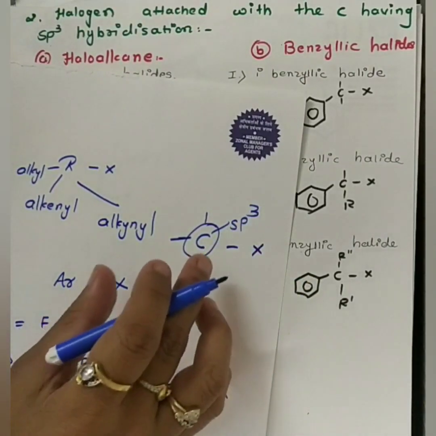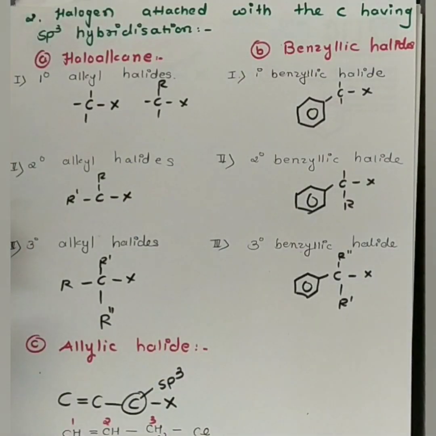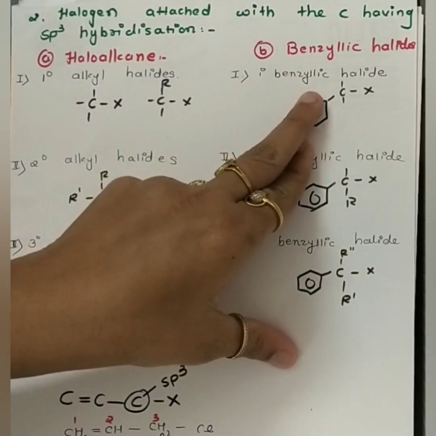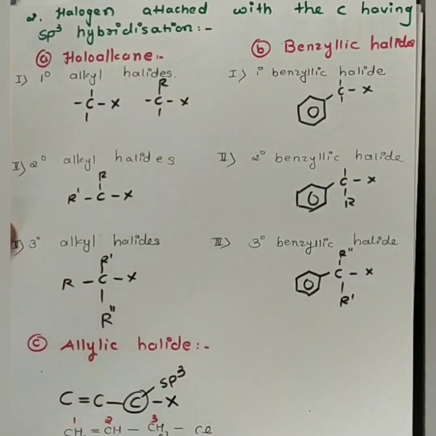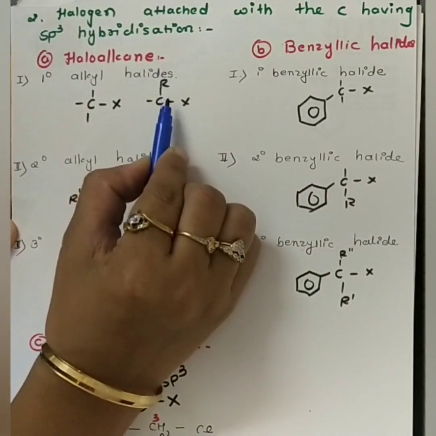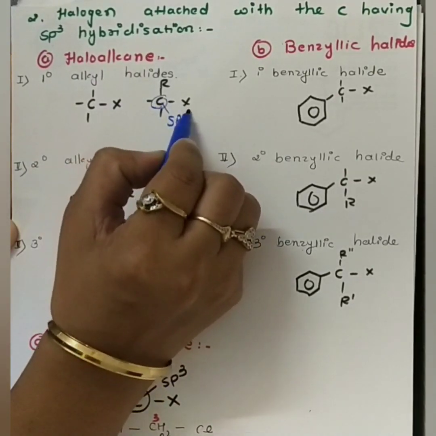So these we can represent in a different category. This classification is again divided into two types, haloalkane and benzylic halide. In the first, halogen is attached with a carbon, you can see all are single bonds. So this carbon is sp3 hybridized.